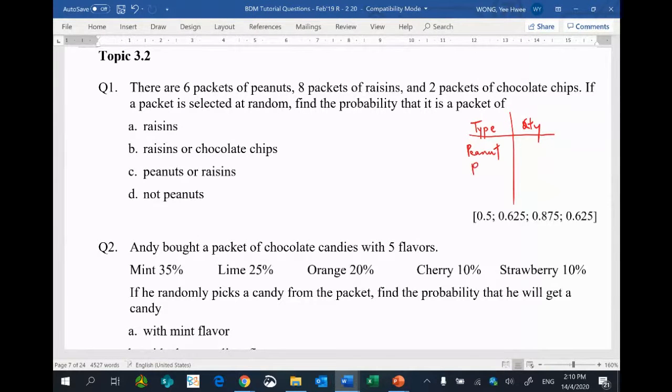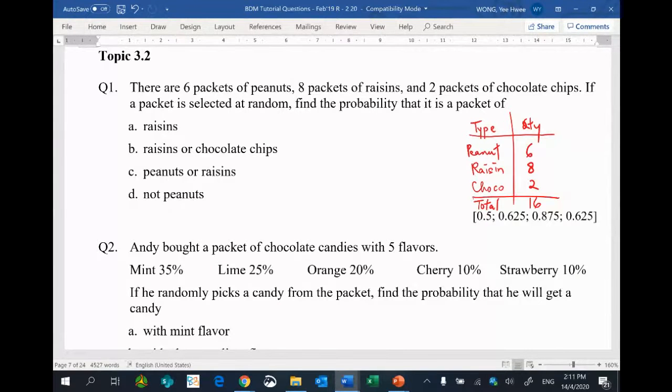The next one is raisin. The next one is chocolate chip. How many of them? You have 6 packets of peanuts, 8 packets of raisins, 2 packets of chocolate chips. Add up all together, you get 16. So this is the total. Now we are ready to answer the question.